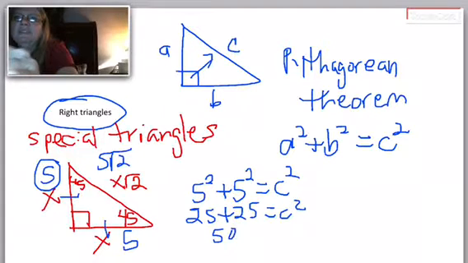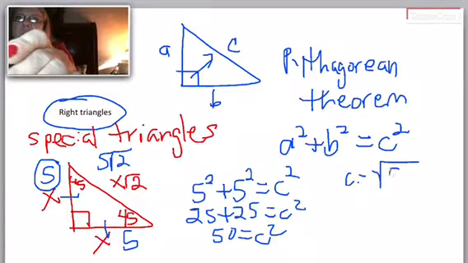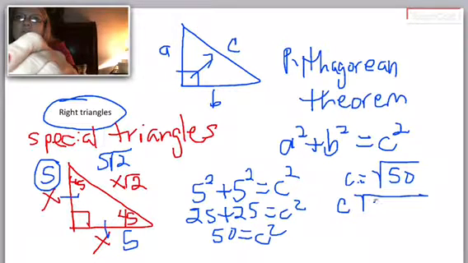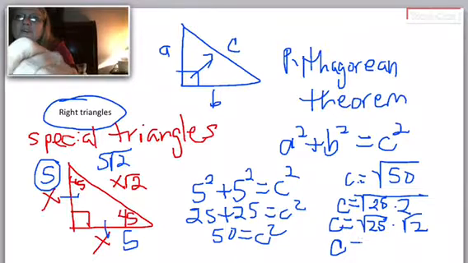We get 50 is equal to c squared. So c is equal to the square root of 50, which we can rewrite as 25 times 2. So c is equal to the square root of 25 times the square root of 2. And so the square root of 25 is 5, times the square root of 2.